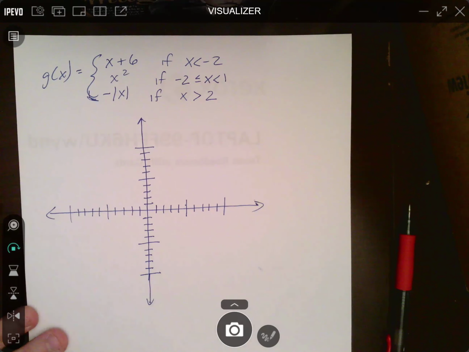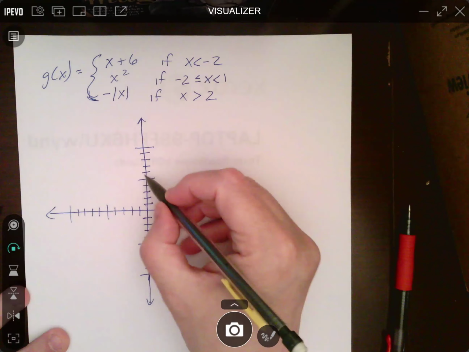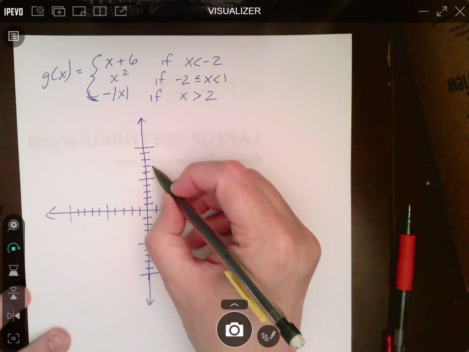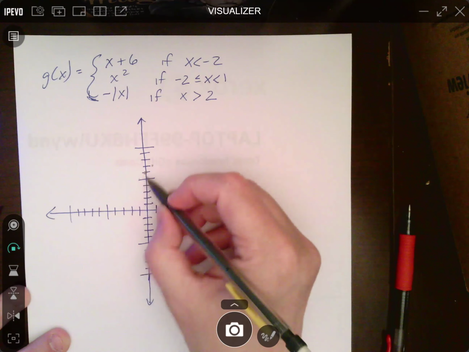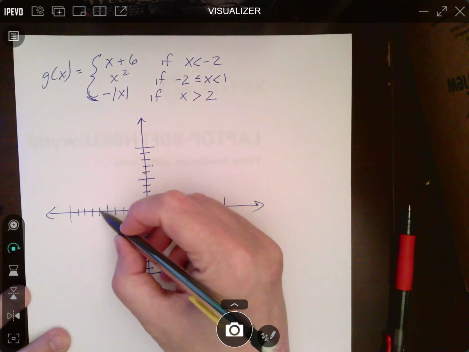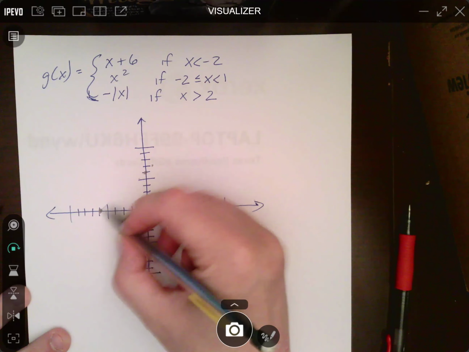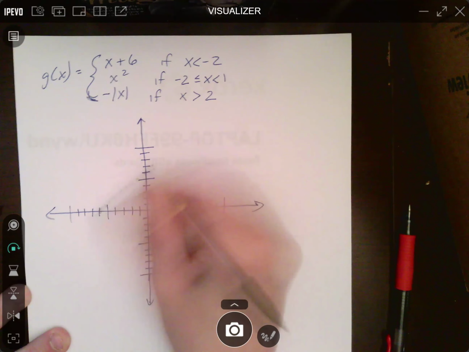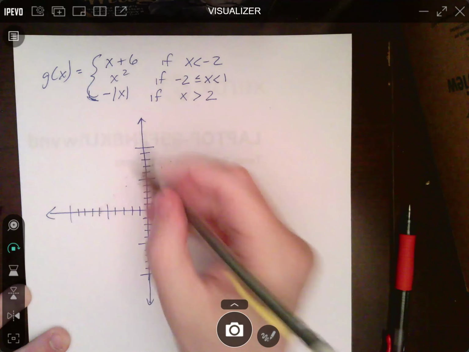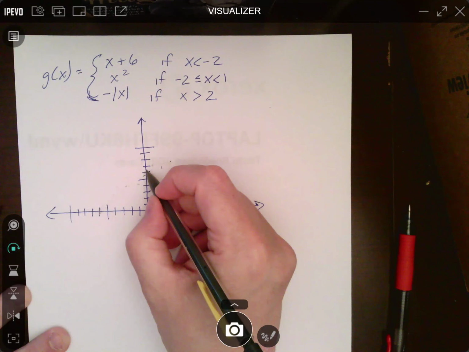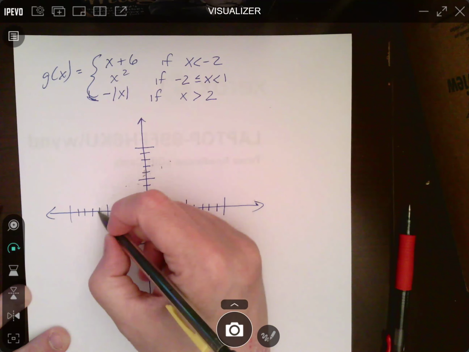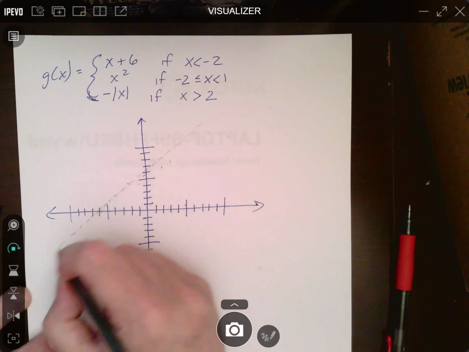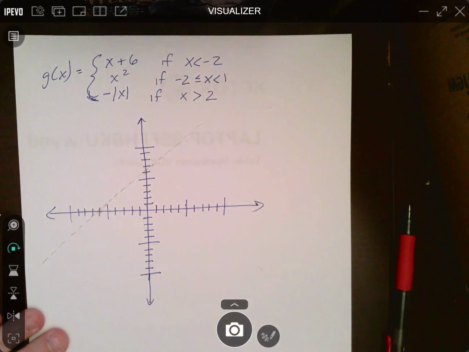All right. So the line x plus 6 goes through this and it has a slope of 1, which means -6 should be a 0. I want to do it lightly, and I want to do it with circles there. I'm just sketching the line with a dashed line in pencil real quick.